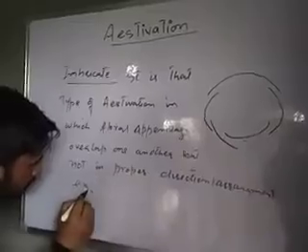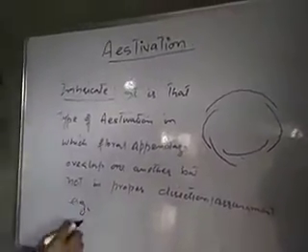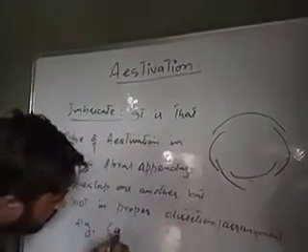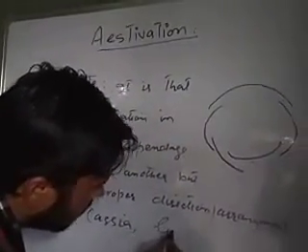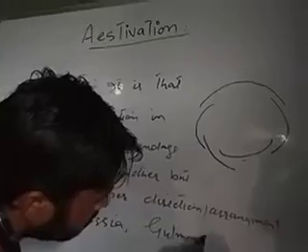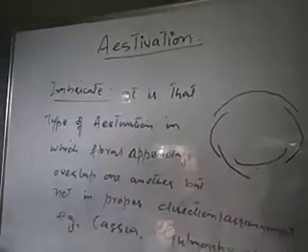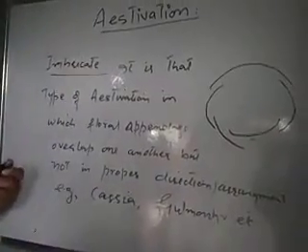For example, cassia fistula, gulmohar, etc. So in cassia fistula and gulmohar, this imbricate type of aestivation occurs.